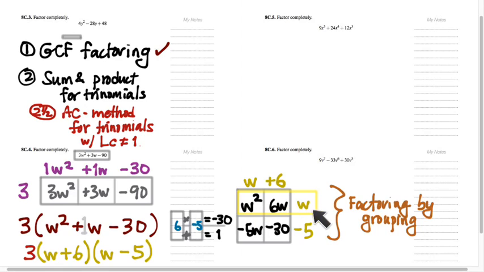I'm looking at them first and factoring out their greatest common factor, and then using that to get the rest of the process going. So we're able to factor a group of w plus 6 out of the w, and also a group of w plus 6 out of the minus 5. But there we are at the end of the problem.